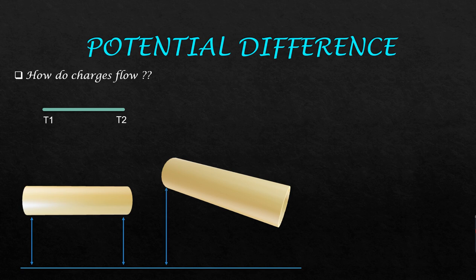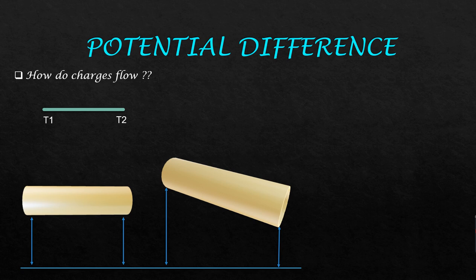Now the height of the two ends from the ground is different, right? So there is a pressure difference occurring, and you can say that water will flow through this pipe. So for the heat to flow, we require temperature difference, and for the water to flow, we require pressure difference, right?